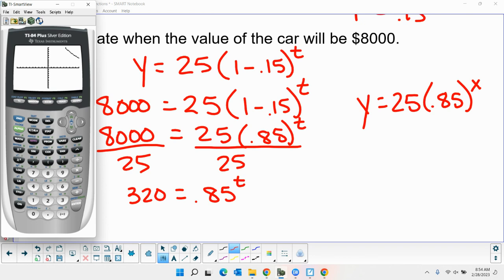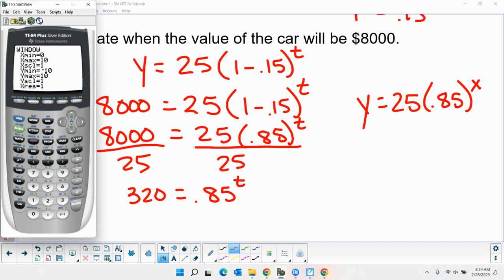But remember, my window only goes from -10 to 10, right? Well, we're going to start at 0 and go up to, what was the original price of this car? 25,000, right? So I guess we don't need 25,000 for X, because X is our number of years.